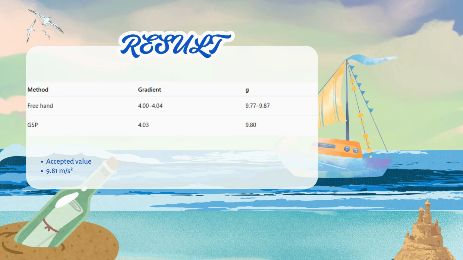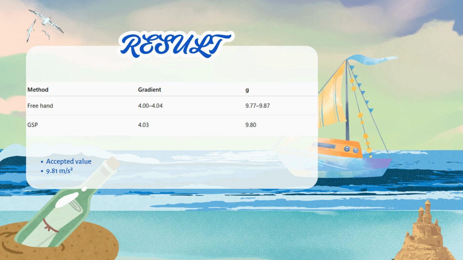Then, the experimental results are shown in this summary table. For the freehand graph, the gradients range from 4 to 4.04, producing gravitational acceleration values between 9.77 and 9.87 meters per second squared.